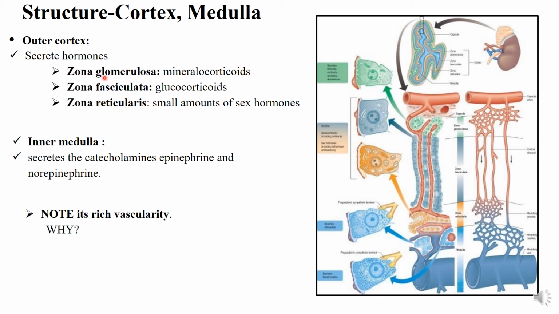The zona glomerulosa produces mineralocorticoids, the zona fasciculata produces glucocorticoids, and the zona reticularis produces the sex hormones. The inner medulla is the place where the catecholamines are produced, which are epinephrine and norepinephrine.